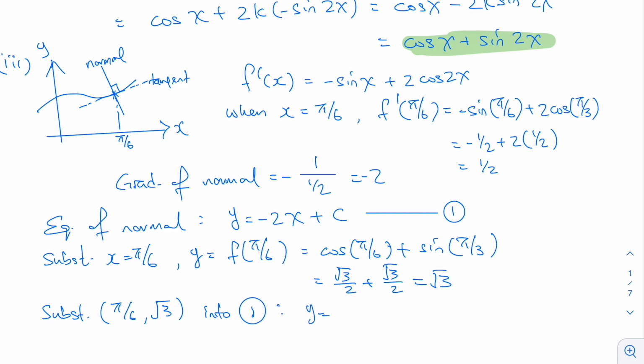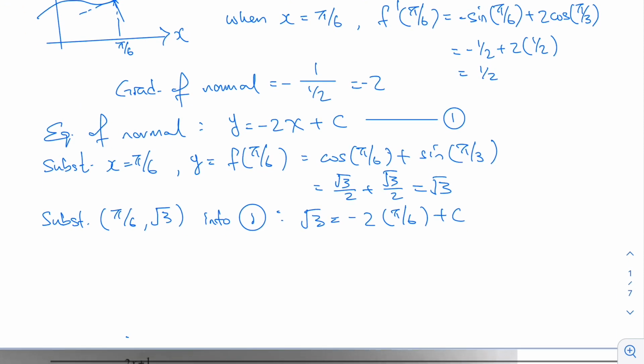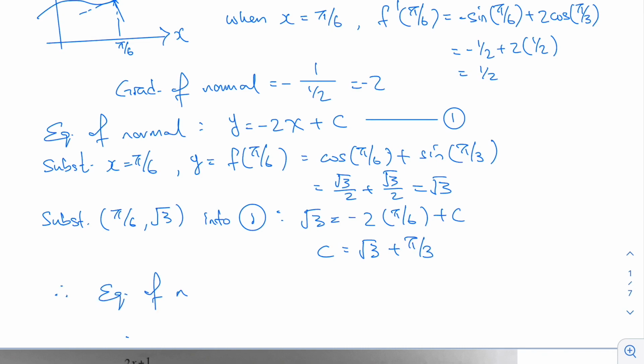We get y value root 3 equals negative 2, x value pi over 6, plus c. So c is root 3 plus pi over 3. Therefore the equation of the normal is y equals negative 2x plus root 3 plus pi over 3.